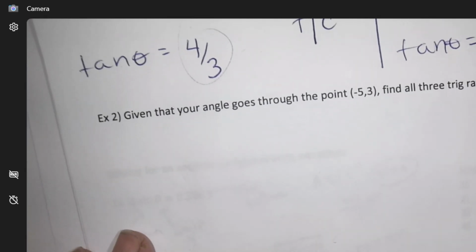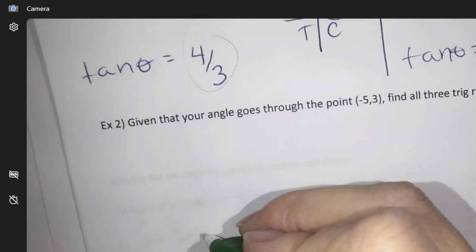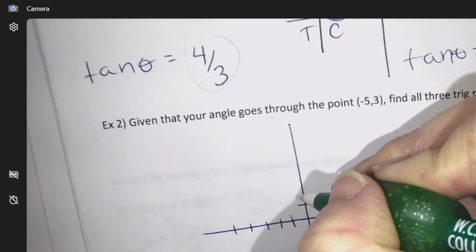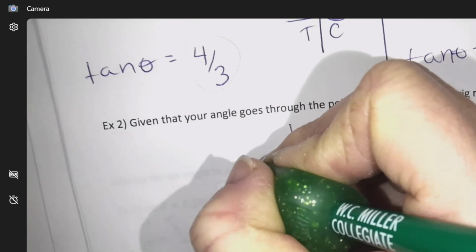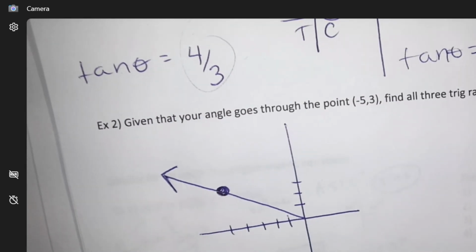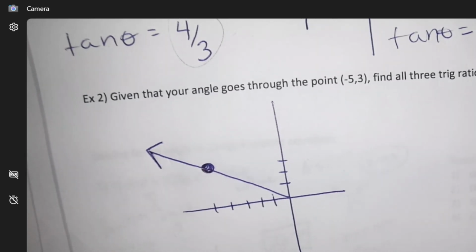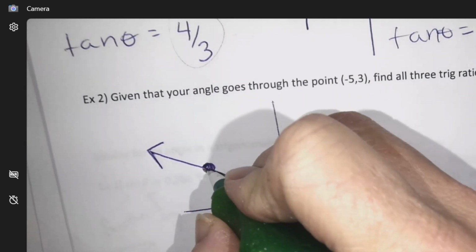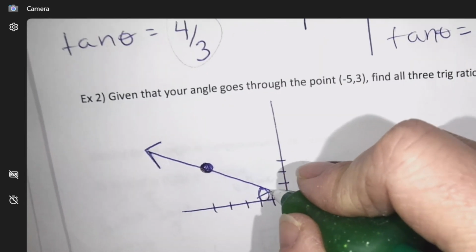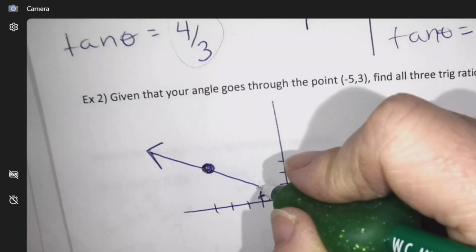Okay, so let's put this into a different quadrant. We have the coordinate -5, 3. Okay, I always connect angles to the x-axis.